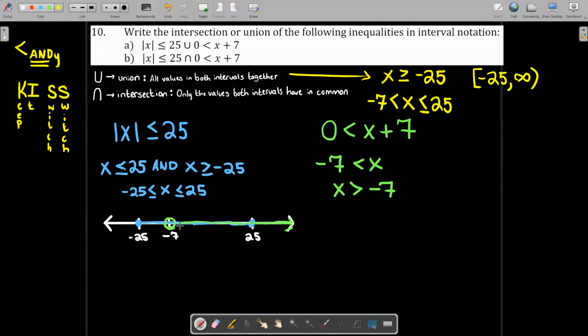Those are all the green and blue places that we see. And if we were writing this in interval notation, it would be a parenthesis for negative 7 because it does not equal negative 7, and then 25 with a bracket because it is equal to 25. So this is our union, and this is our intersection. That is going to be the answer to number 10.